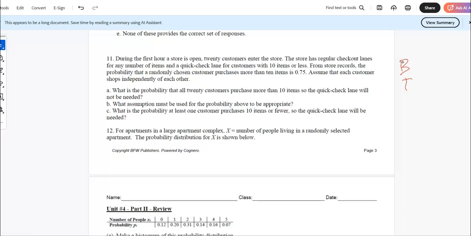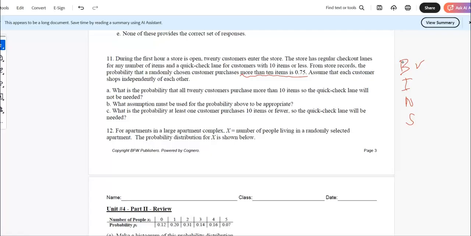So let's check the BINS here. So binomial seems like success is maybe having more than 10 items. So success is that, less than 10 items would be failure. They seem independent.